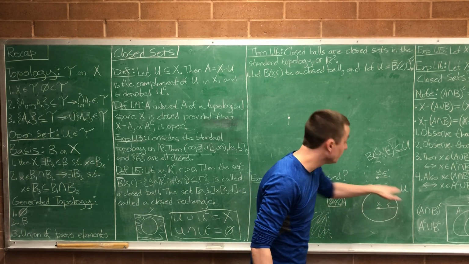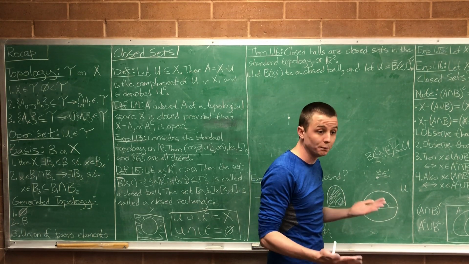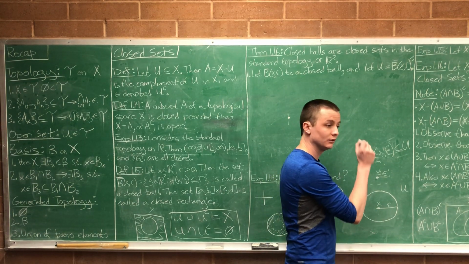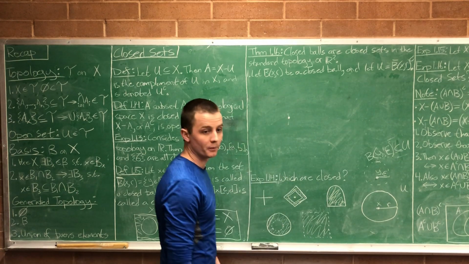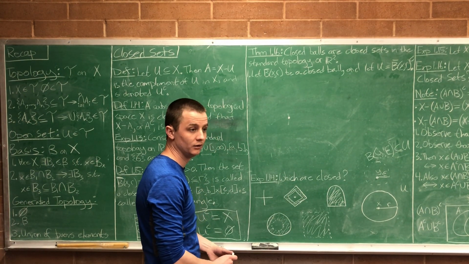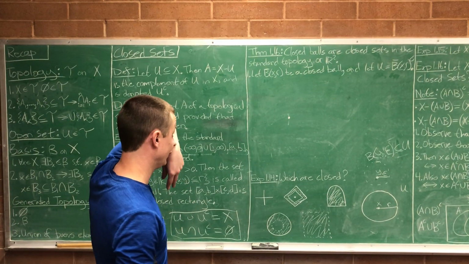And since U is a union of open balls, U is open. And since U is open, its complement is closed. That's the big picture of what we're going to do. Follow all that? All right, so let's actually do it.